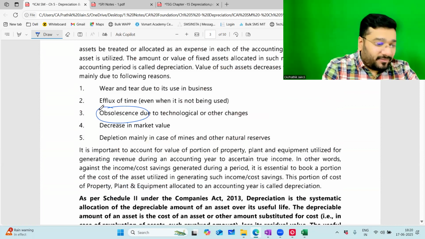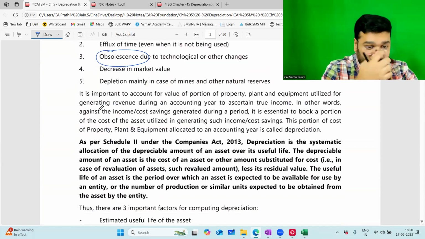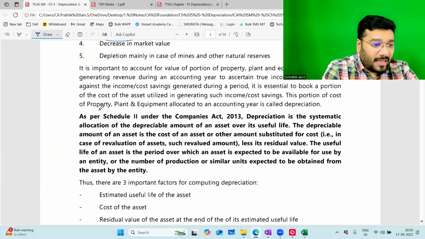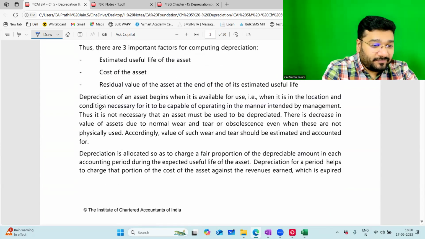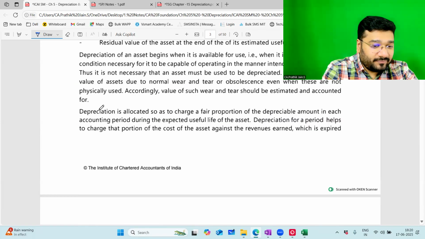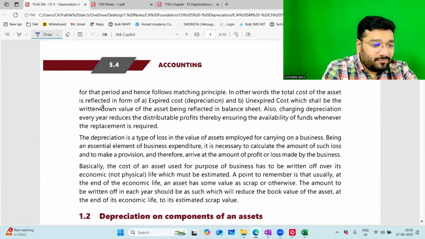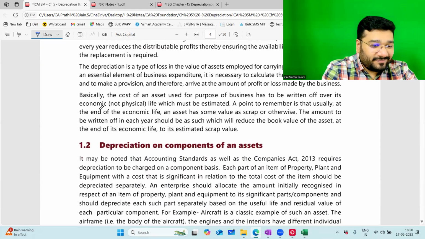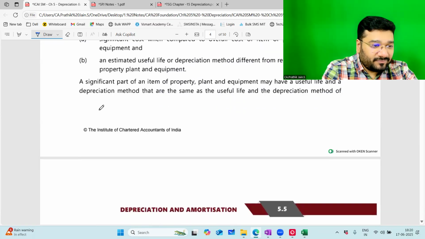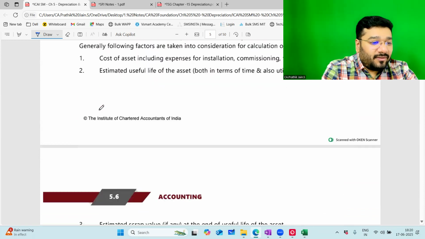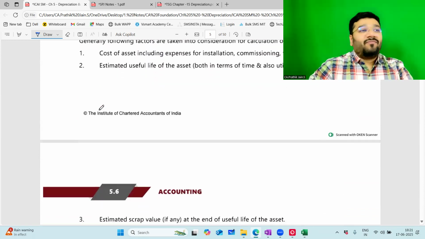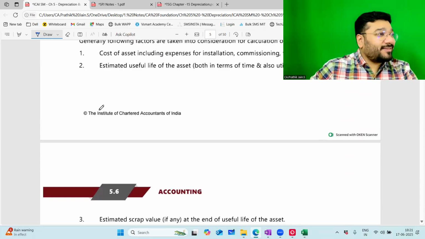One word, obsolescence, is given here. I'm searching where the meaning of obsolescence is. Please help me. In the book, I'm asking. With deep intense search, you're not able to find this.